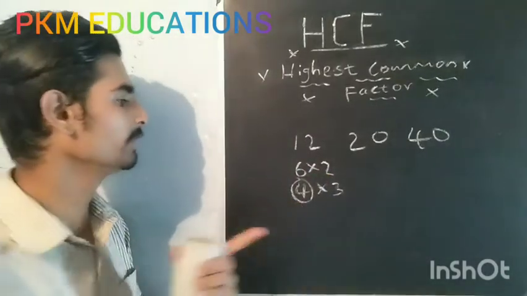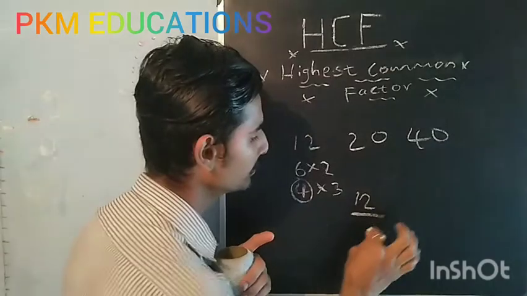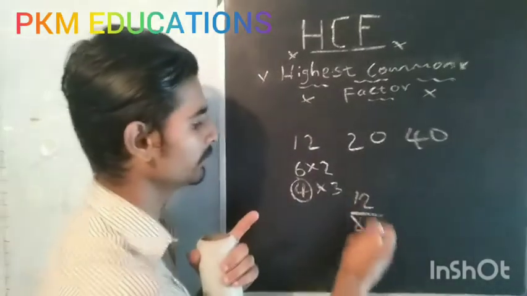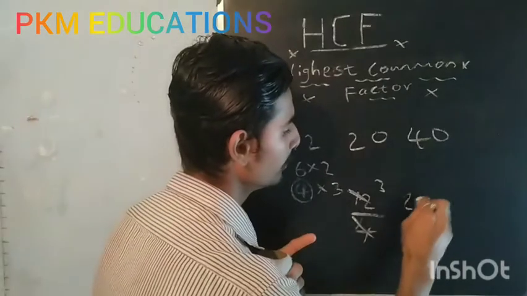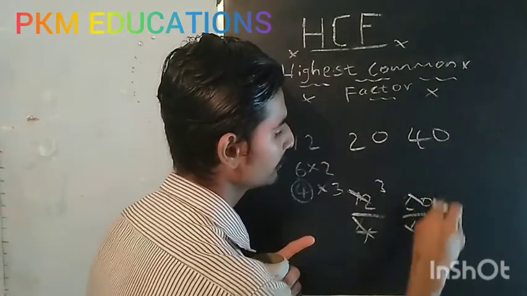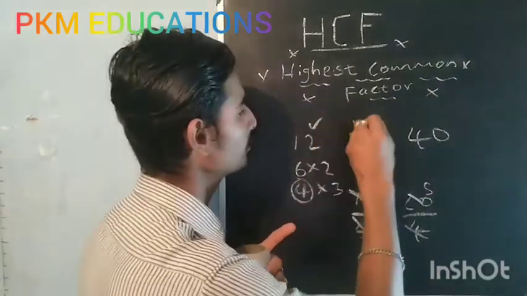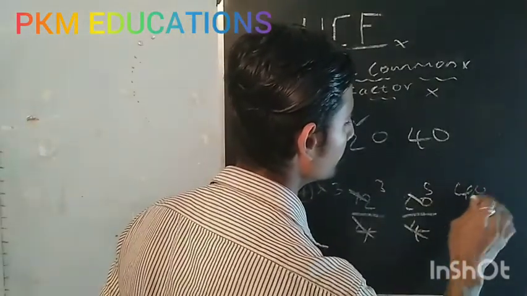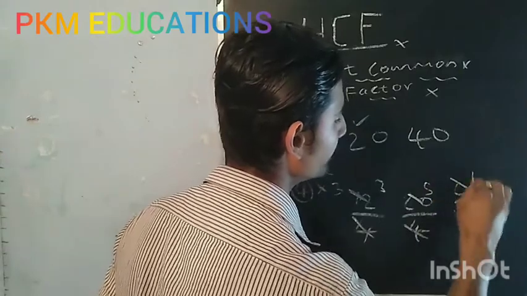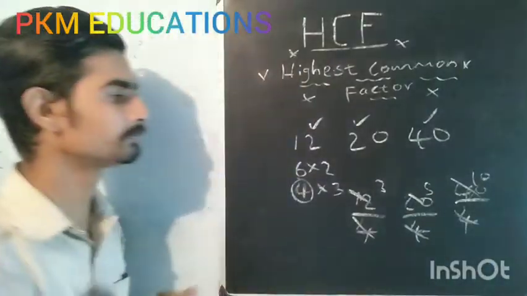Then we want to find divisibility. 4 is 3 times in 12. 4 in 20 is 5 times. This one true, this one true. And 4 in 40 is 40 by 4 is 10. This one also true.